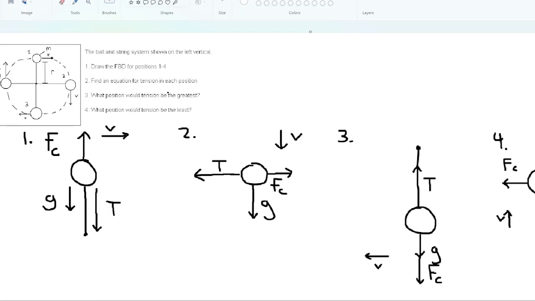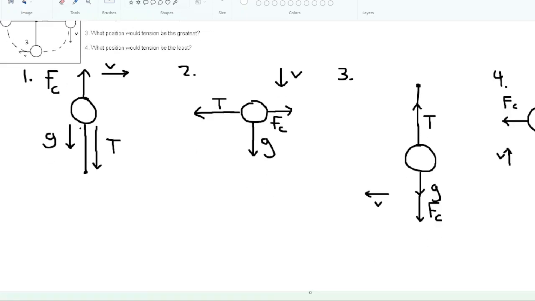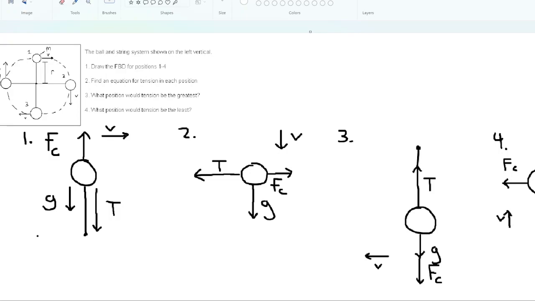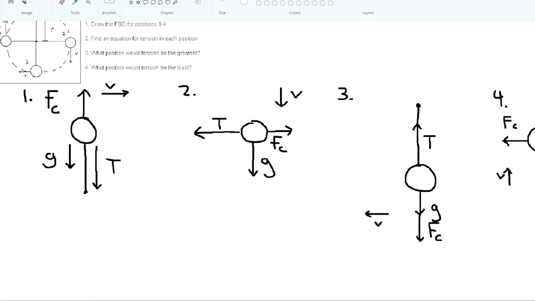Find an equation for tension in each position. Okay, let's see. Let's go ahead and denote this as the net force. Well, if this ball is not going anywhere, then the net force in the vertical direction is going to be equal to 0, because the ball is not going anywhere.